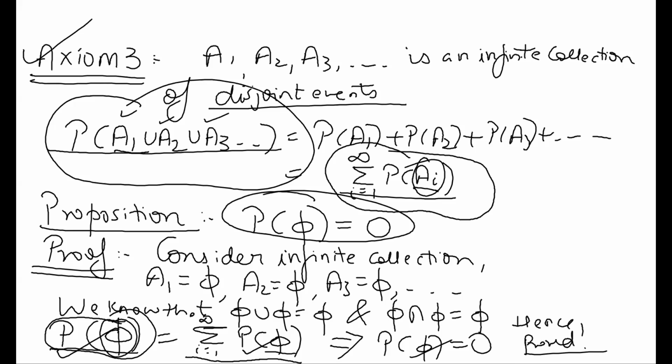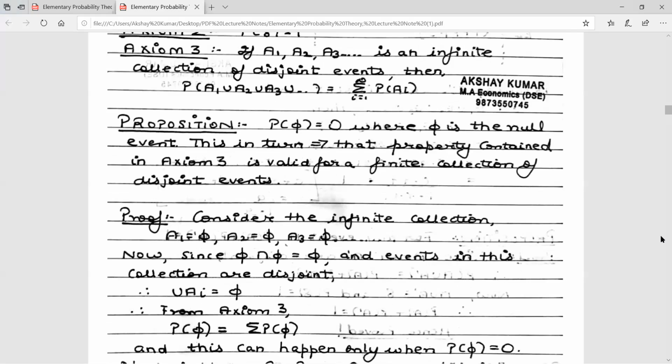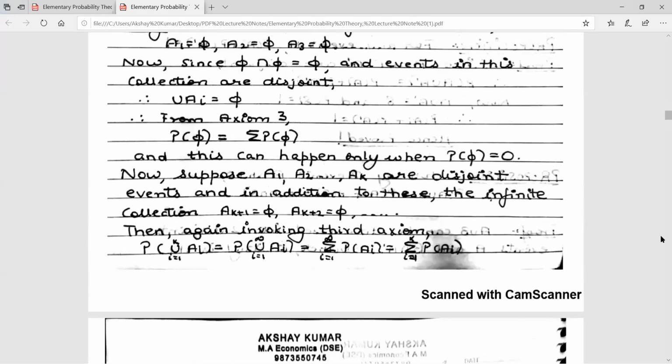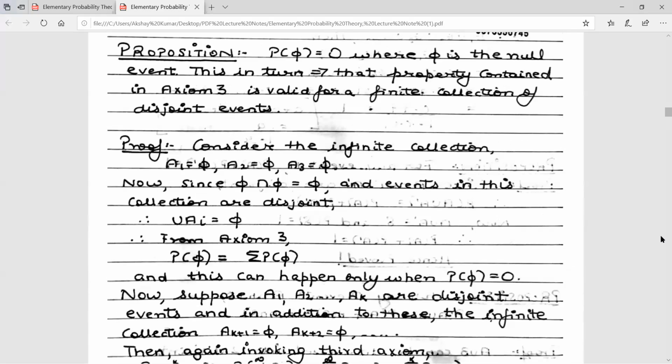Okay, let's come back to the lecture note then. So guys, this proof is solved in the lecture note also. I have solved the proof on the white screen also. Anyone who wants the white screen, I can send it to you, but anyway the lecture notes will be mailed to you.